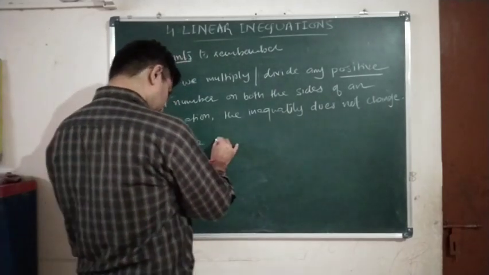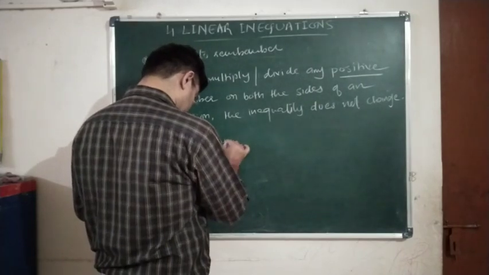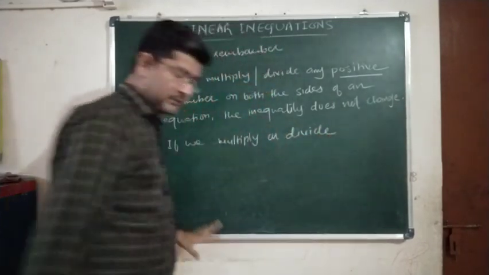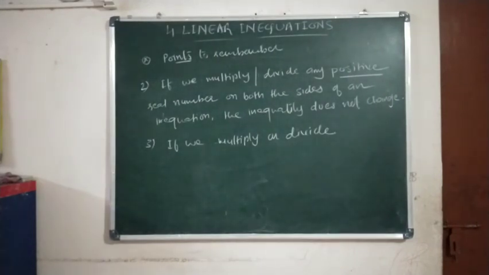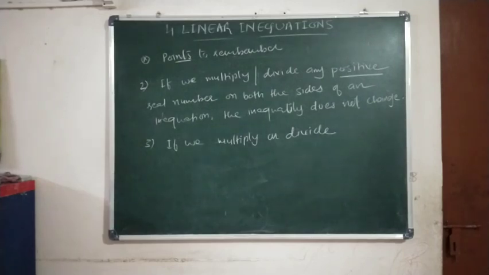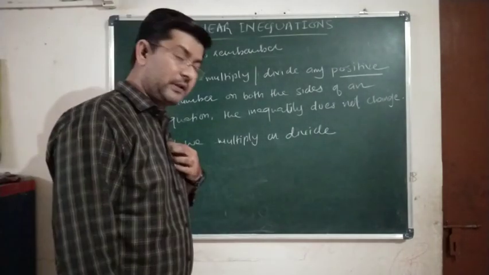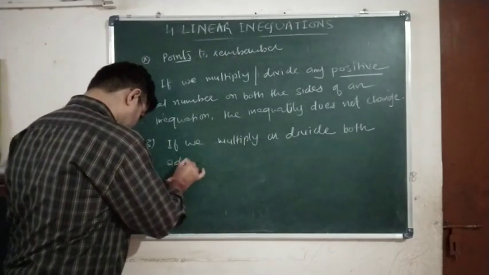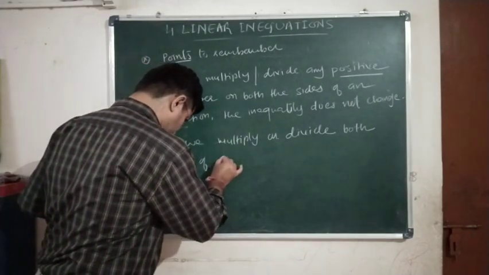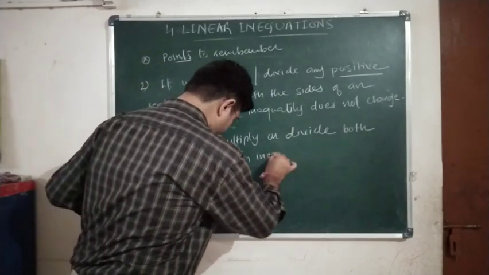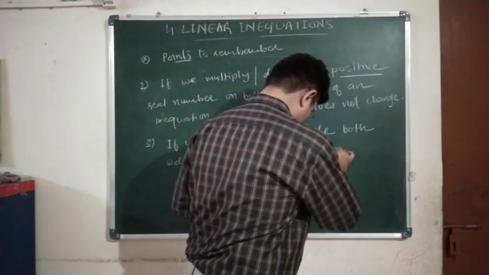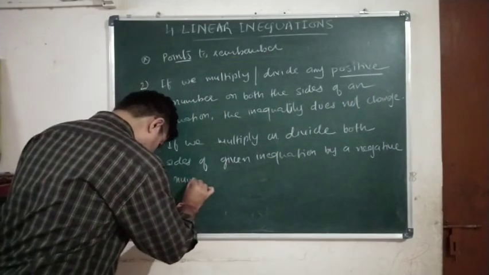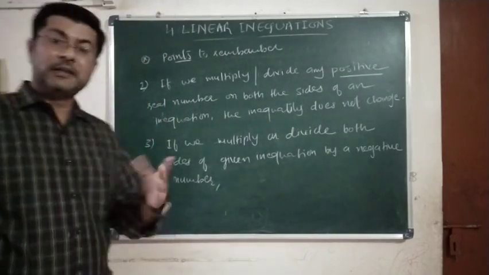If we multiply or divide both sides of a given inequation by a negative number, the inequality changes.